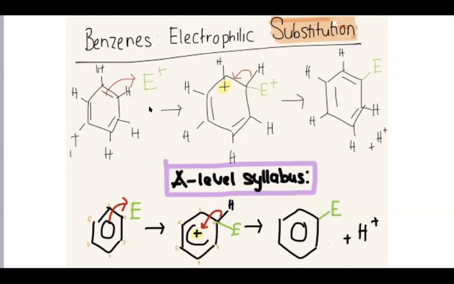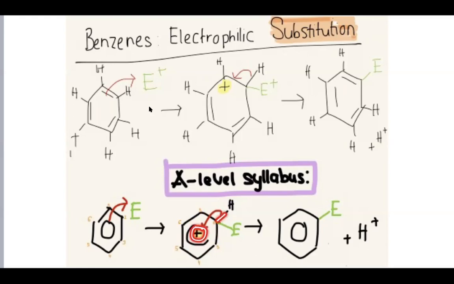So again, the next step is you want to restore the positive charge. The delocalized system is broken at the moment. So to restore the delocalized system, the only way you can cancel out a positive is by adding something negative to it. Okay, positive, negative, cancel out, neutral. So how do you get the negative part to cancel out this positive?